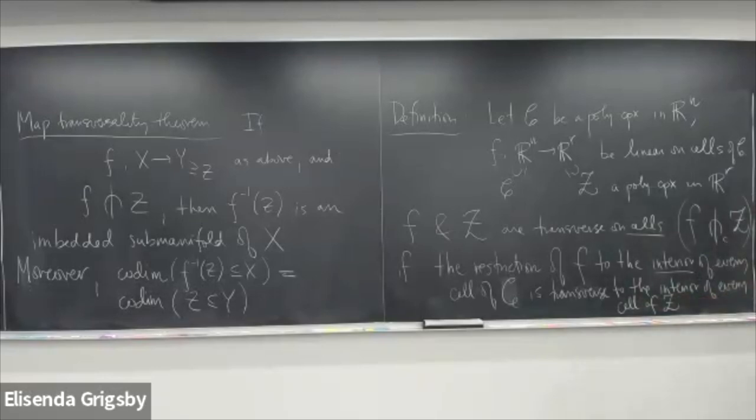Essentially, the way we should be thinking of it is that the image of the interior of any cell will intersect the interior of every cell here in the expected codimension.